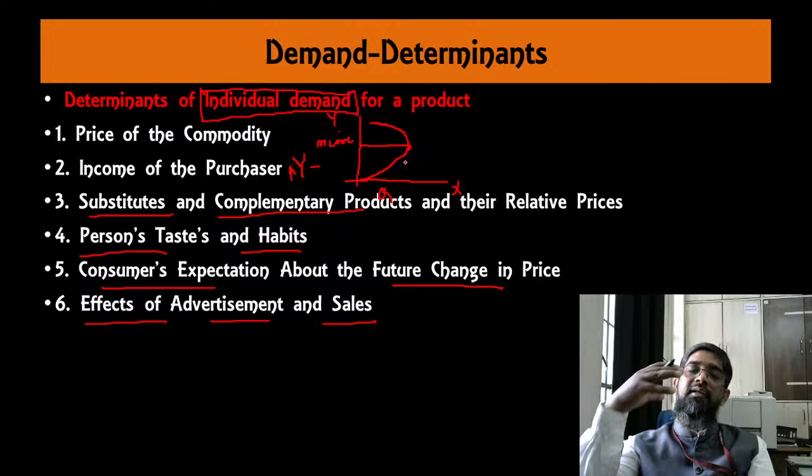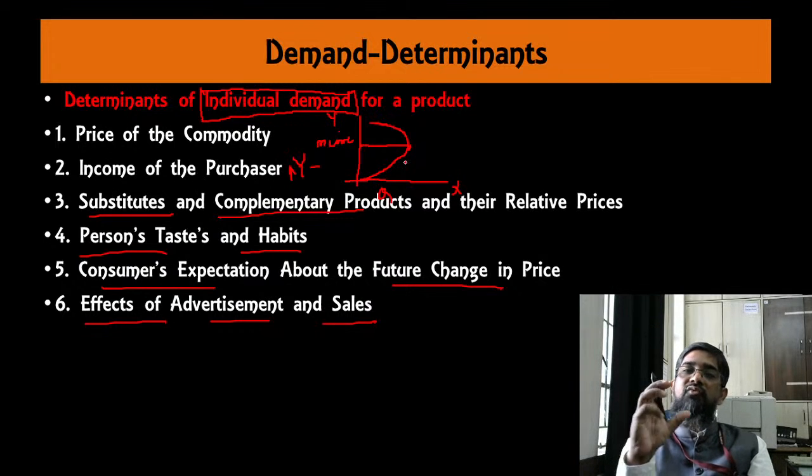क्यों? जब आपकी इनकम बढ़ जाती है तो आप इंफीरियर क्वालिटी ऑफ प्रोडक्ट बाय नहीं करने लगते, फिर सुपीरियर क्वालिटी of same product you buy. ठीक है, that's why we have backward bending curve, demand curve in case of inferior good. यह इंफीरियर का हो गया.